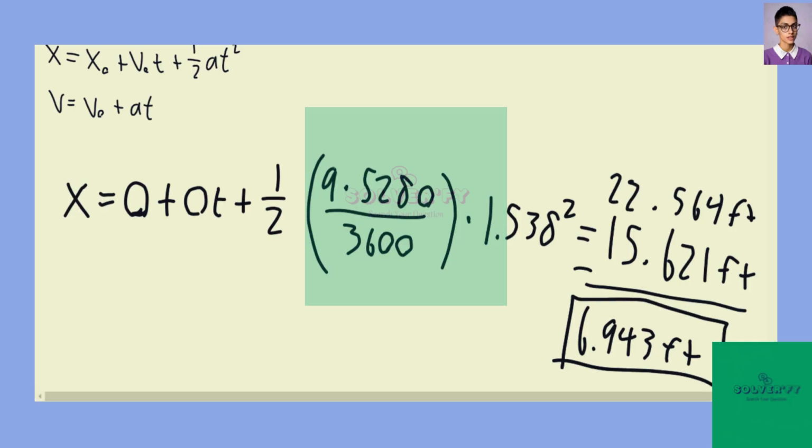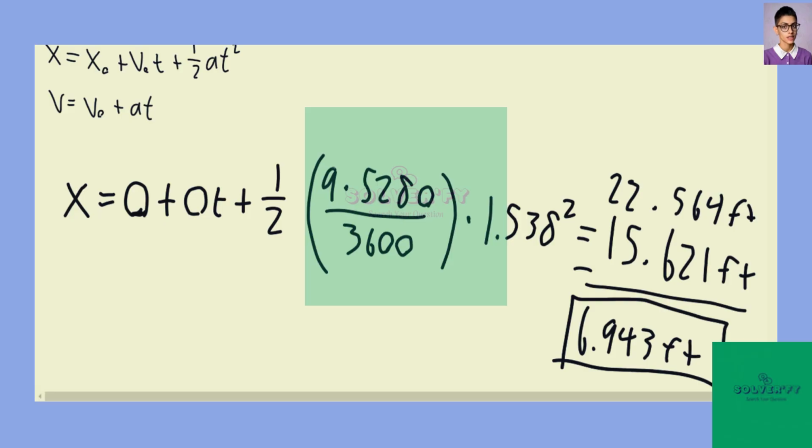Now we want to know, how long is the bike in front of the car? Well, the bike is no longer in front of the car whenever the car passes it. At this point, the car and bike are at the same position. So we can use this top formula again.